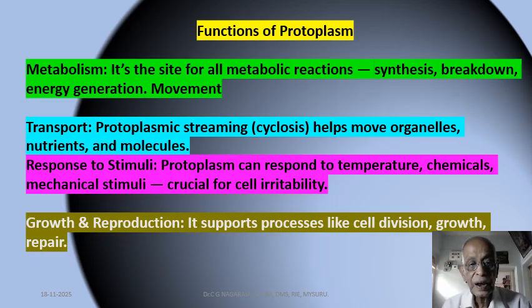Metabolism: it is the site for all metabolic reactions like synthesis, breakdown, energy generation, movement. Meta means many, bolism refers to functions. Many functions will happen which exhibit the life or living nature of a cell.